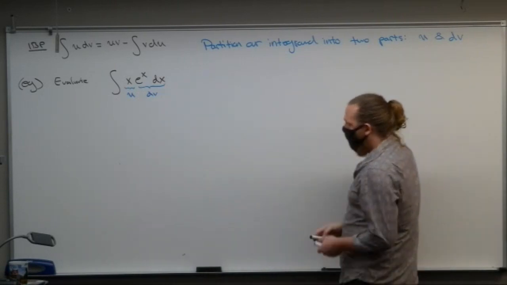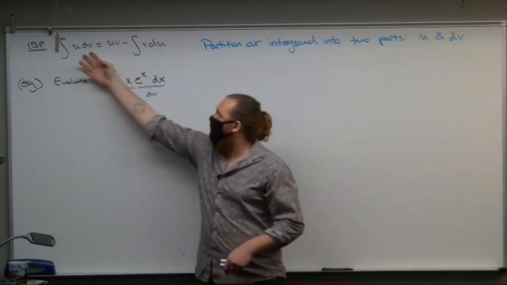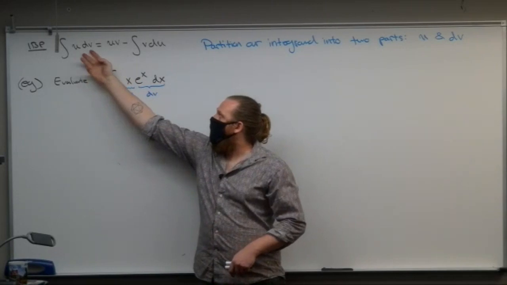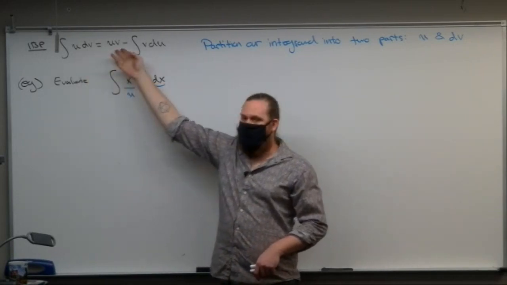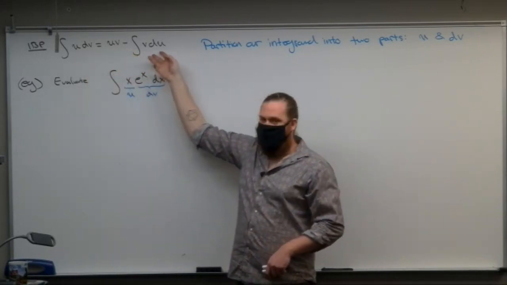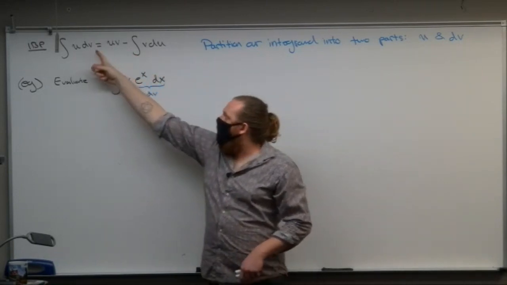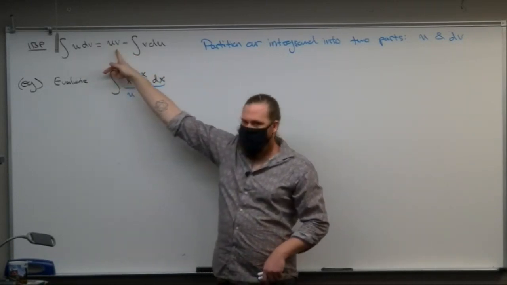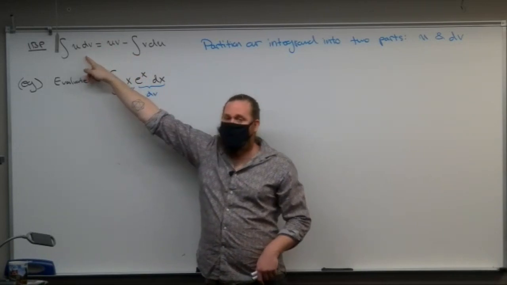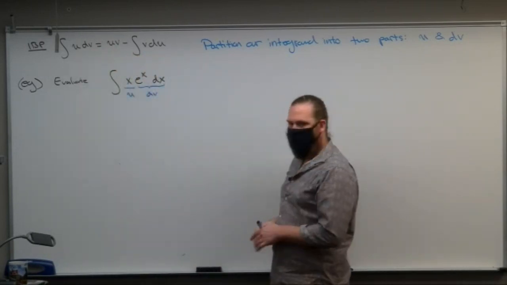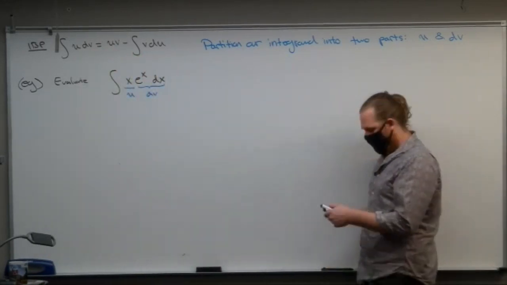The other reason is that you're going to differentiate, right? So look at the pieces that exist here. If we start with u's and dv's, over here I have u's and v's, and then v's and du's. So I'm going to integrate dv to get v, and I'm going to take the differential of u to get du. So it's evocative of what we're going to do with it.